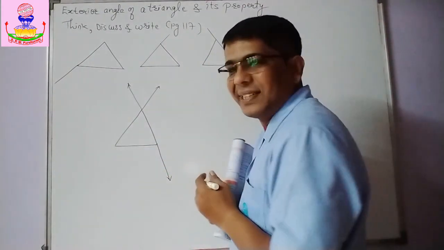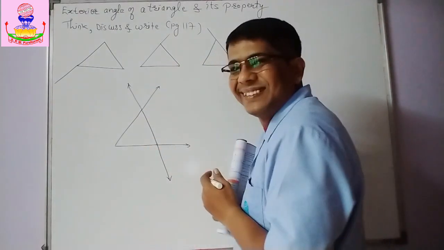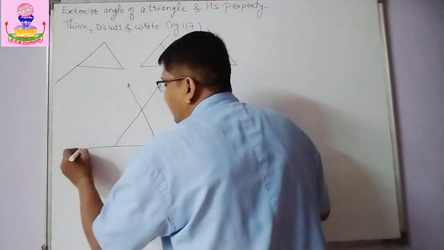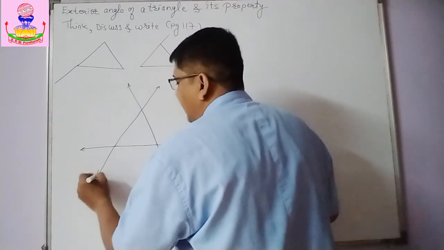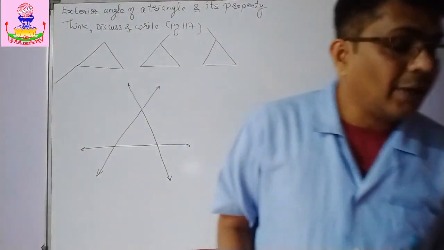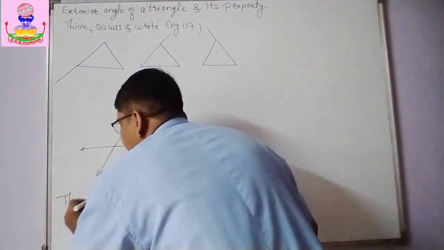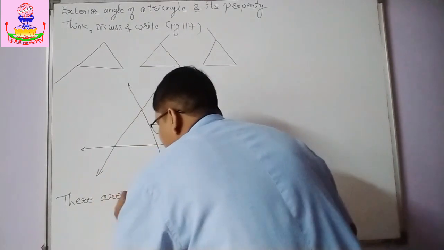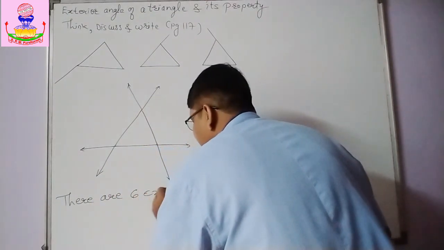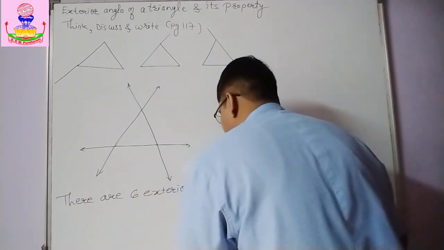So 2 at the vertex. Then this is 3rd. And this is 4th. Right? And this is 5th. And this is 6th. So how many exterior angles are there? There are 6 exterior angles.